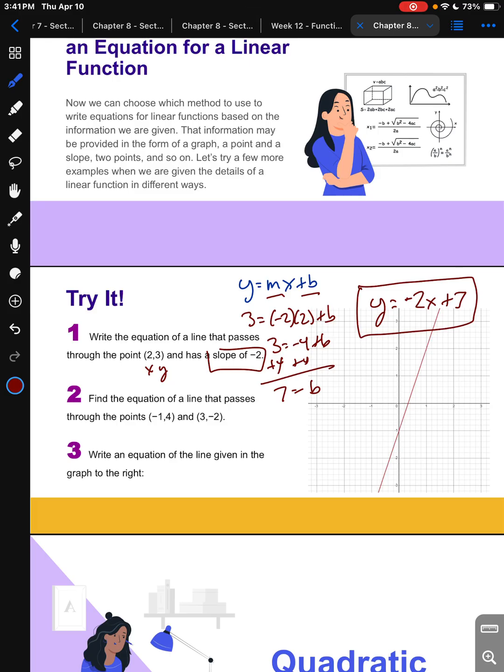Now this next one, I have to find slope first. So 4 minus negative 2 over negative 4 minus 3. So that's going to be 6 over negative 4, or negative 3 halves. So once I have my slope, you got to figure out what b is. And you figure out b just the same way we did up there.